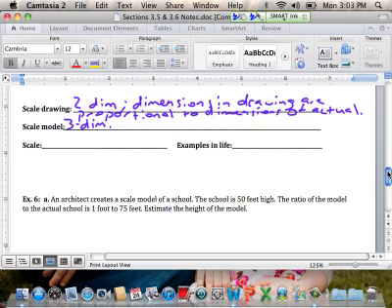The scale of a drawing is the relationship between the scale drawing or model and the actual dimensions. So the scale is the relationship.